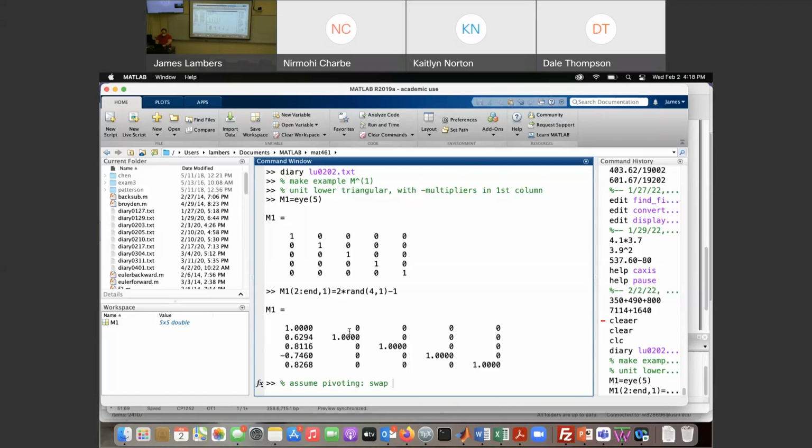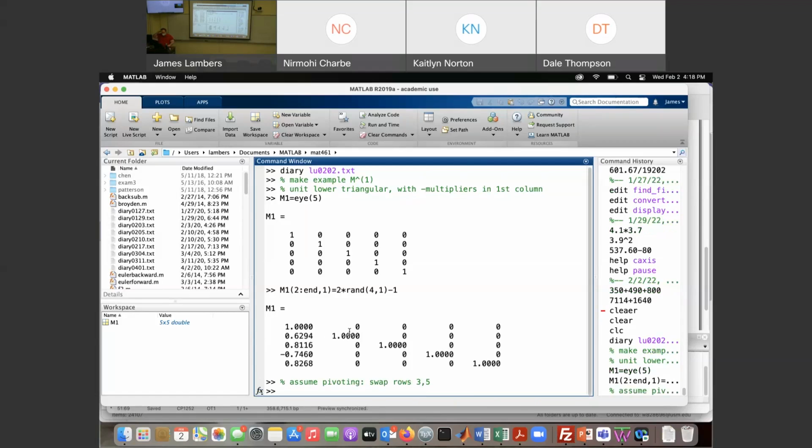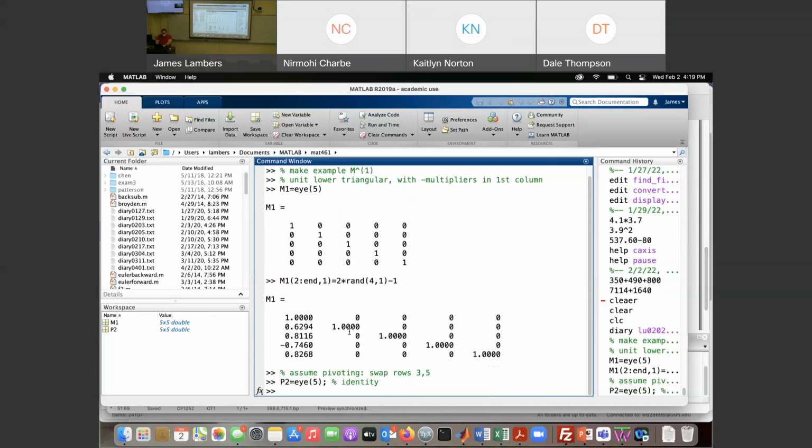So now let's suppose I want to swap rows 3 and 5. So I need to make a permutation matrix that will carry out that swap. First, I'll make an identity matrix. And then I will make P2 by swapping rows 3 and 5 of this identity matrix.